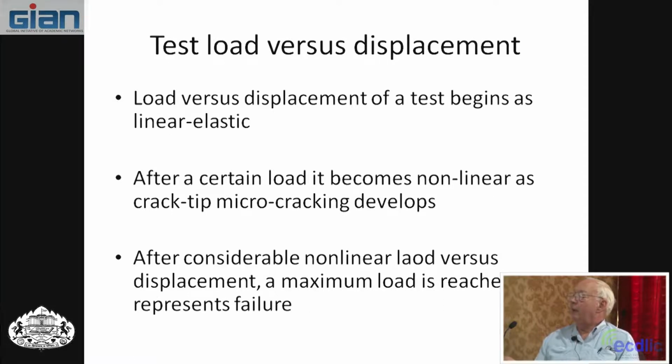In this, it talks about testing a little bit, a test of load versus displacement. Usually in concrete, you start with real linear elastic behavior. After a certain load, it becomes nonlinear as microcracking develops, and then after a while you get a maximum load that represents failure.